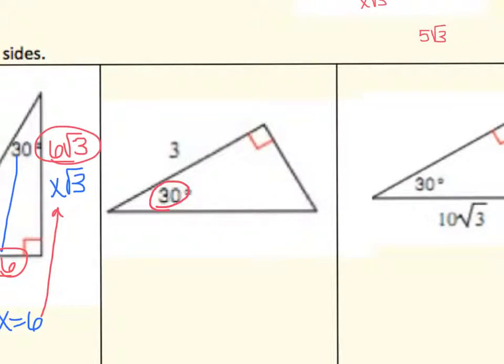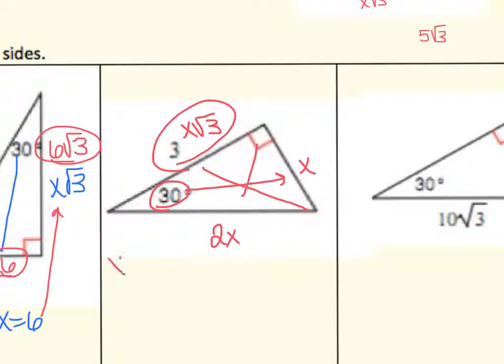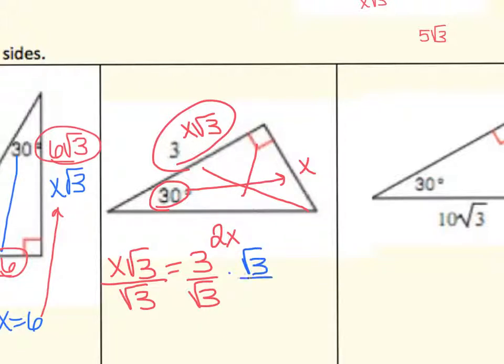Couple more. So across from the 30, this is going to be X. This side is going to be X root 3. And the hypotenuse is always going to be a 2X. So this time I know the X root 3. So I'm going to set that equal to 3. Divide by root 3. And yes, you have to get the root out of the denominator.